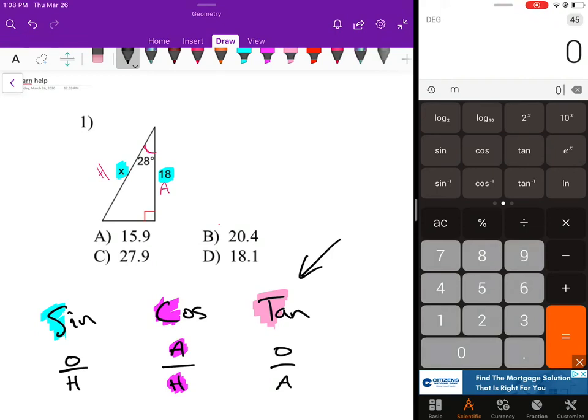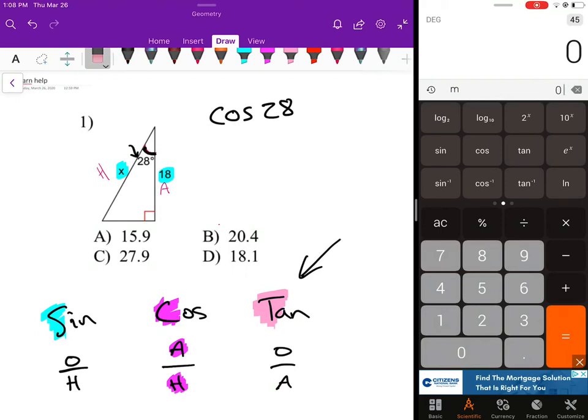The way I'm going to solve for this missing side is to write out cosine, and then I always put the degree of the angle that I used right after the trigonometric ratio. So cosine 28, because that's the angle, 28.